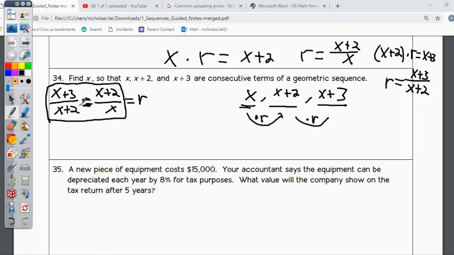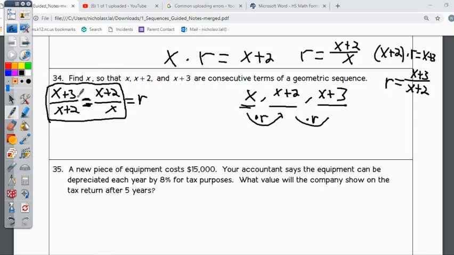How could I start manipulating this equation so I can get x by itself? Anyone? Bueller. All right, you have to cross multiply.